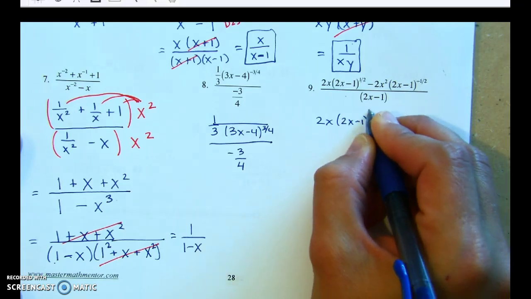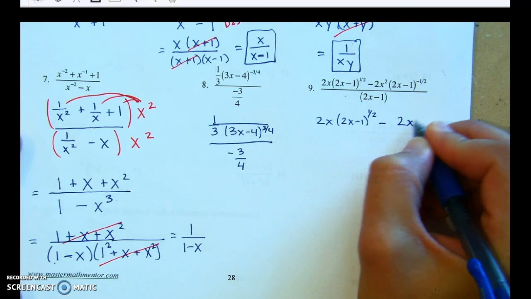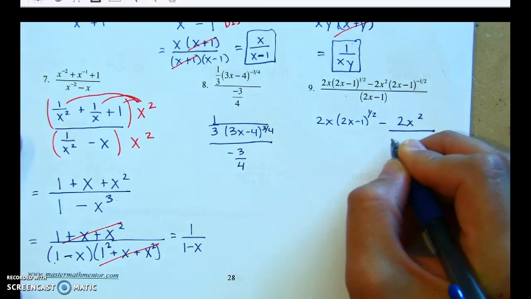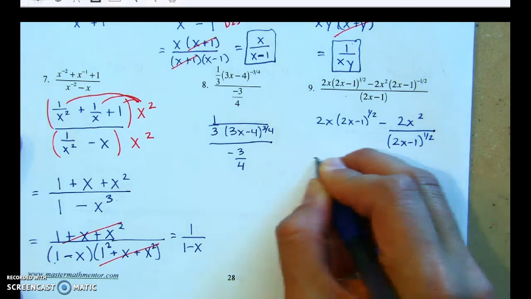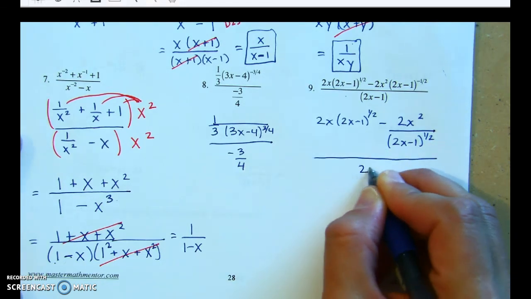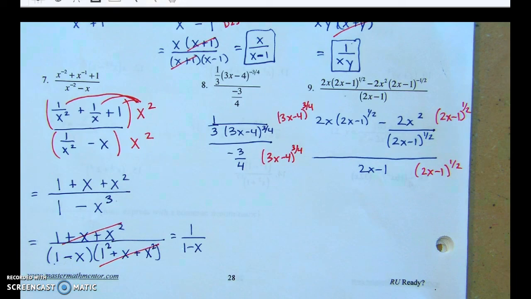This one's already positive, that 1/2. Oh, I'm going to run out of time. I apologize, but we got most of this done. I think that's a win. Like that, all over this. Okay, here's what you're going to multiply by. Good luck.